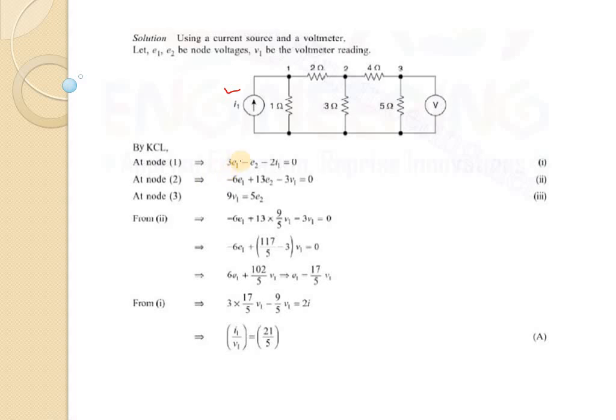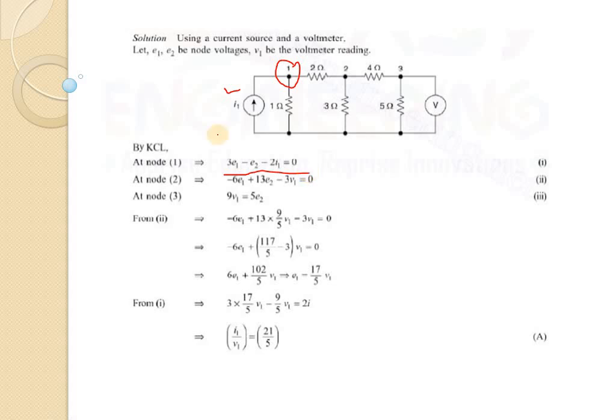So we are applying KCL at node 1 here. KCL means the summation of currents leaving a node equals 0. So at node 1, the current entering is 3E1 minus E2 minus 2I1.